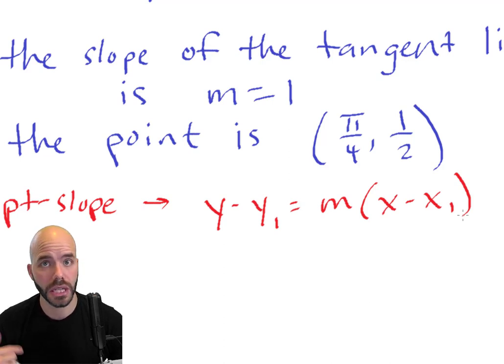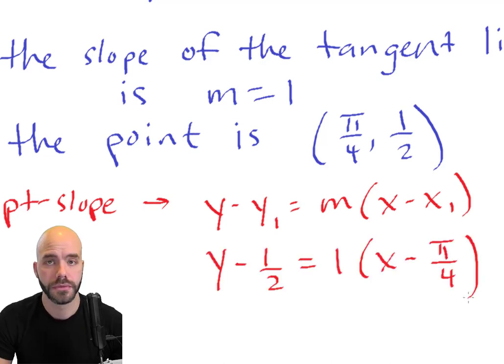So let's plug in what we know. We know our x1 is pi over 4, our y1 is 1/2, and our m is 1. So let's plug those in and we'll get this. Just like that. Now, if I wanted this in slope intercept form, I want to isolate y, so I would have to distribute the 1, which is going to be easy, but then also move over that 1/2.